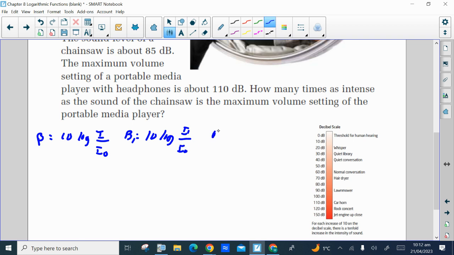And then we have beta 2, which will be 10 log I sub 2 over I sub 0. And I'm going to say that beta 2 corresponds to the media player, where beta 1 corresponds to the chainsaw.